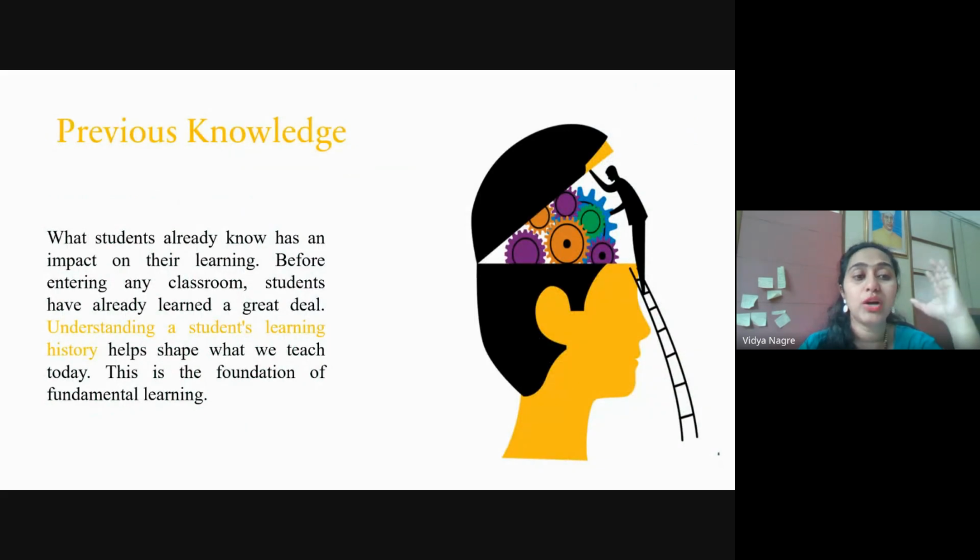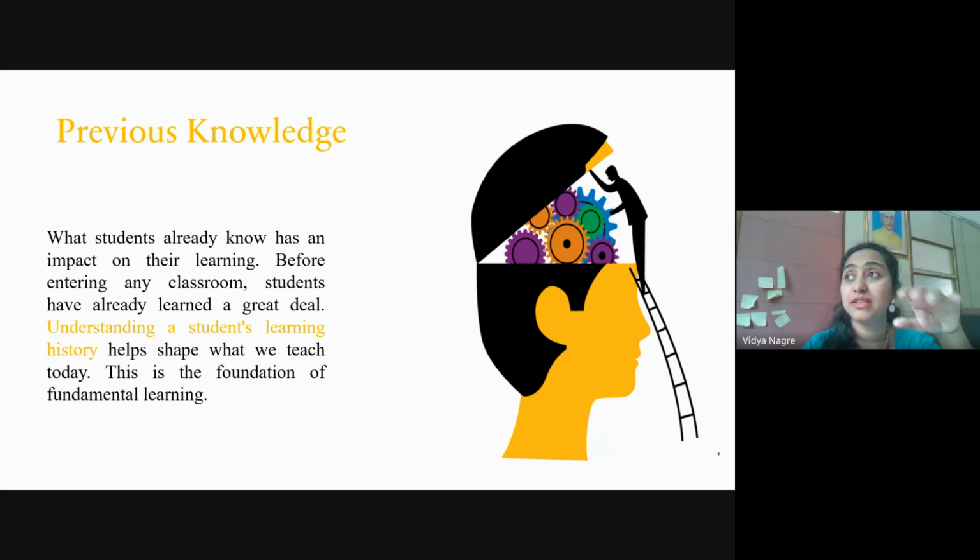Previous knowledge, what students already know, has an impact on their learning. Before entering any classroom, students have already learned a great deal. They do have something at least at the back. So understanding a student's learning history is very important, as it helps to shape what to teach today.